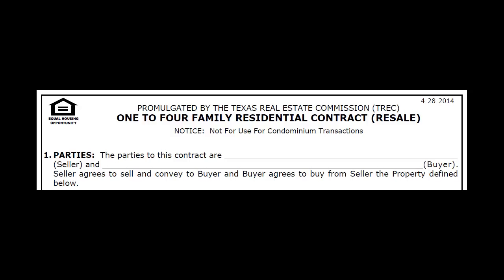So for instance, if you've got two people on the contract, but they're not married, but they're buying it both as purchasers, then you might need to say something like, I guess it'd be kind of weird, but John Smith, a single man, and Jane Doe, a single woman, or that they're tenants in common. Certainly if it's a company, then you'd want to put the legal structure of the company. So if it's a corporation or an LLC, make sure and include that.